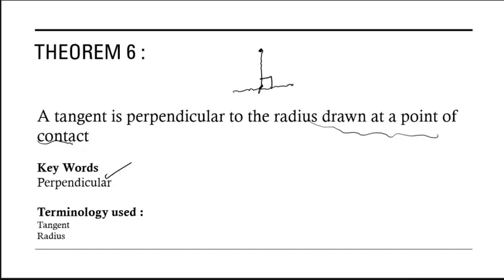The word perpendicular means forming an angle of 90 degrees at the place of contact. The terminology used is a tangent and a radius. A tangent touches the circle at one distinct point, and a radius is a line drawn from the center of the circle to the circumference of the circle.